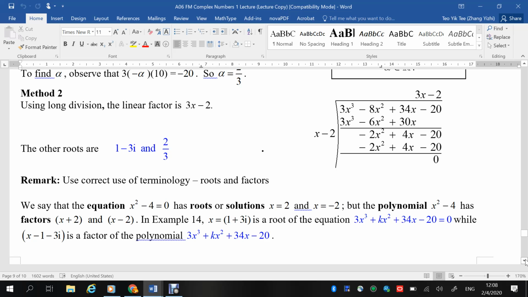X minus 1 plus 3i is a factor to the equation. That's all. Use the correct terminology, especially for you people, because what you're going to get in your A-level exam will be, if this kind of question won't come out for further math. Okay, so if I actually want to set something like this, I'll be very precise or very particular on how you actually term your stuff, so that you know how to handle the questions that is of higher level.